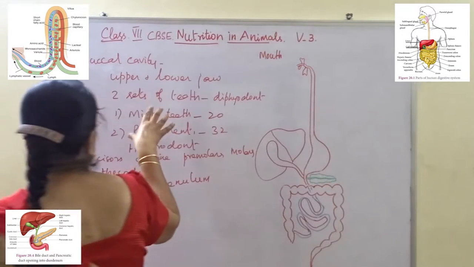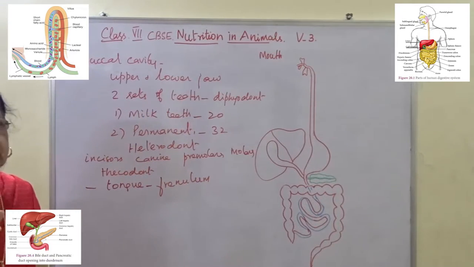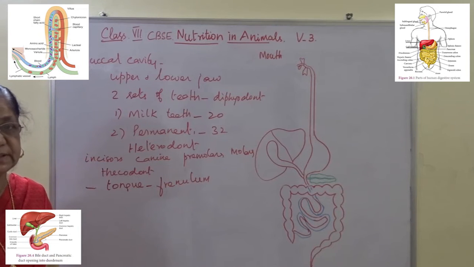So with the help of heterodont, food is chewed well, and the chewing is with the help of these 4 sets of teeth.